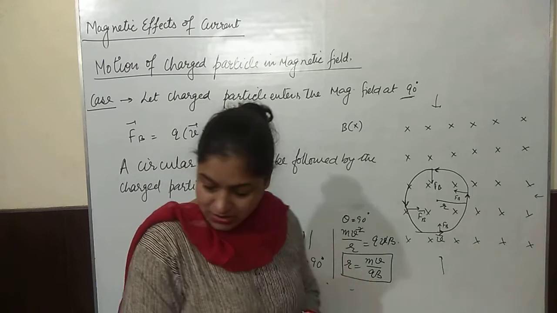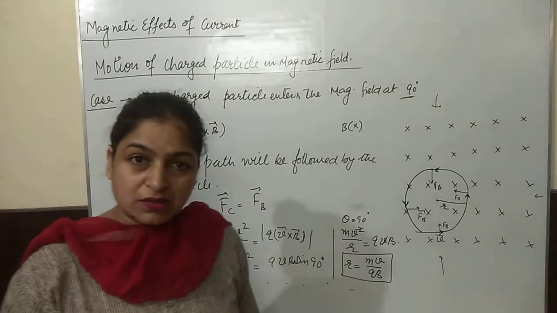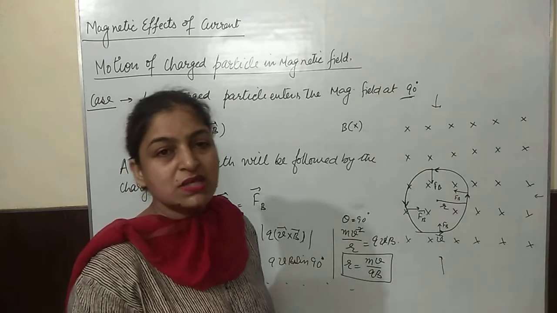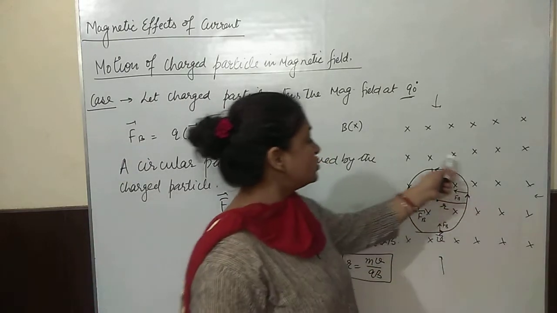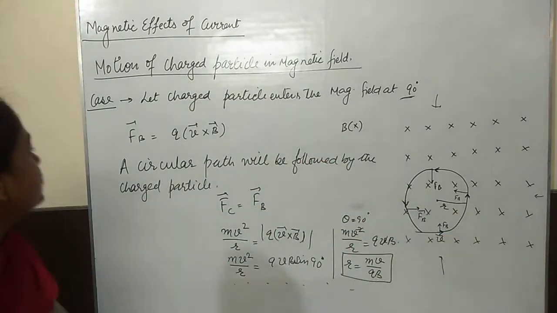Some other things we are going to derive. Let us find out the time period. Time period of revolution means how much time it is going to take to cover one complete revolution.